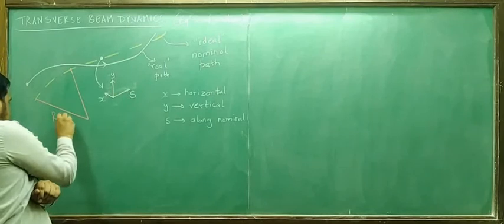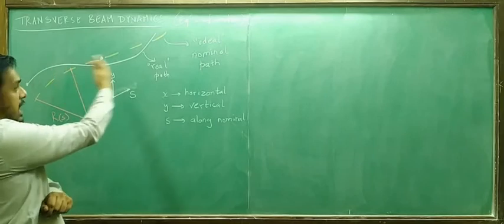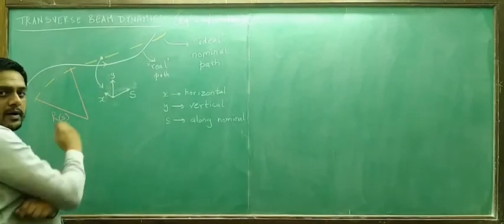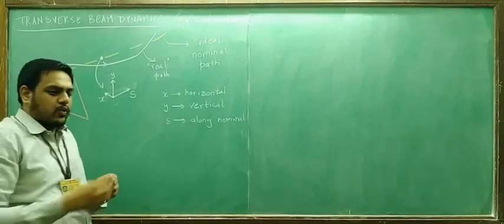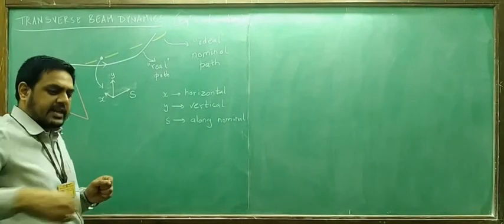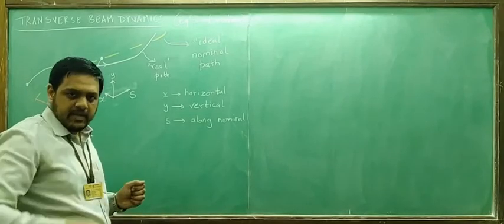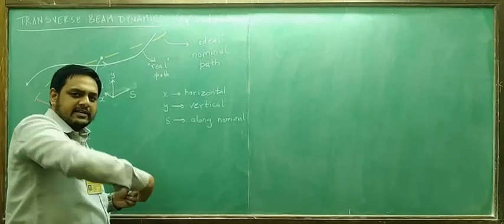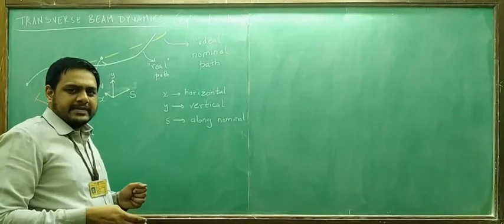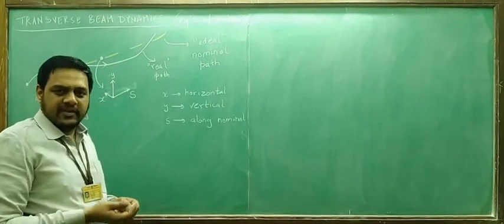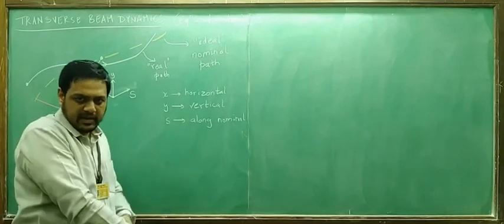So one can introduce the general concept of a bending radius which depends on where you are along the accelerator. That is, it depends on the position along the nominal trajectory. Example, consider a square shaped accelerator with 4 straight sections, and at each corner there is a magnet which bends the beam by 90 degrees. At the corner the radius of curvature will be the bending radius of that magnet, and in the remaining part, the straight section, r is equal to infinity, since the curvature is zero.